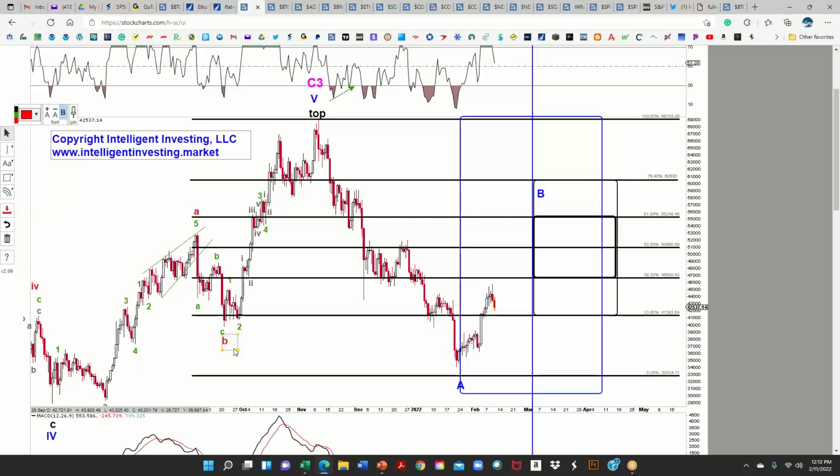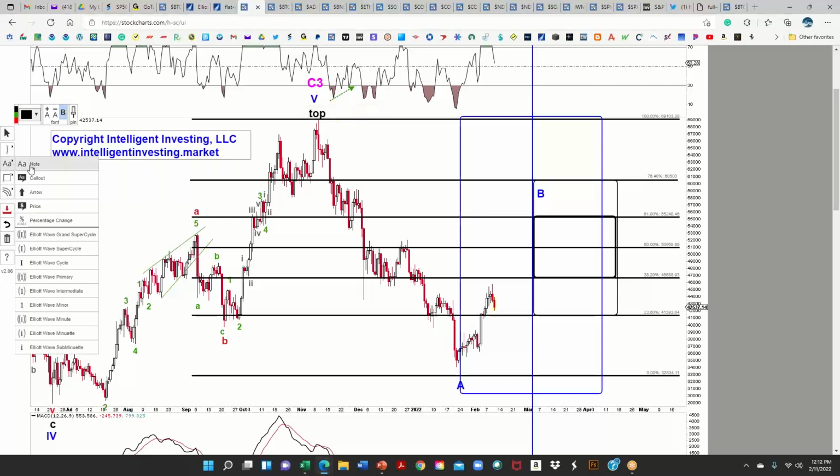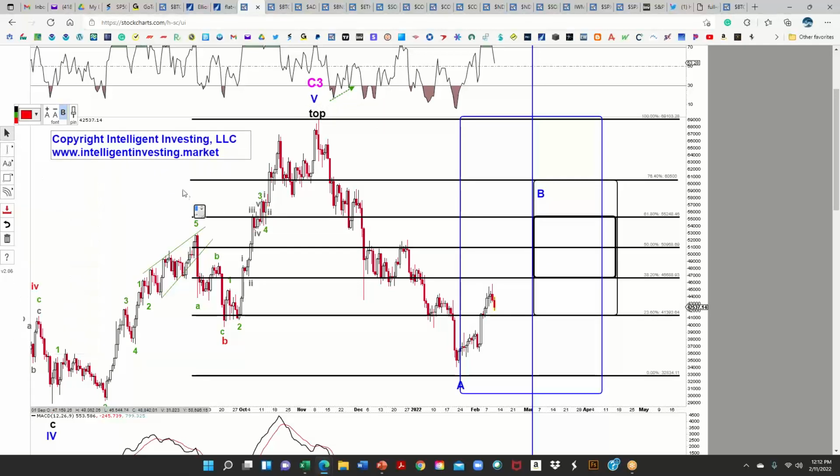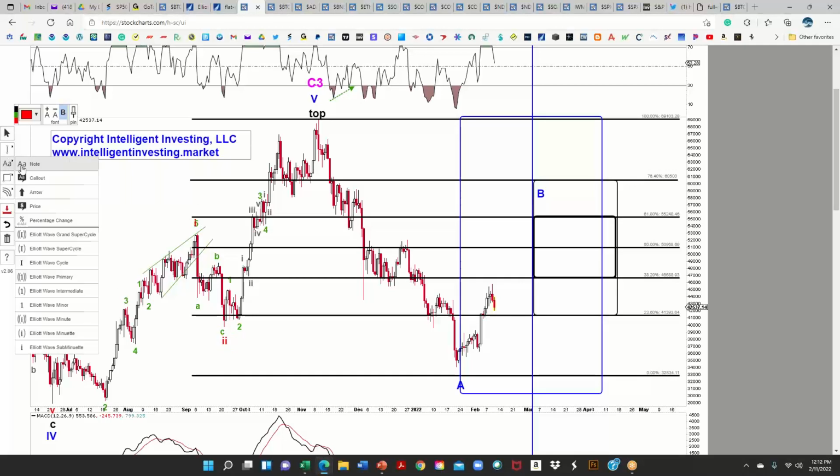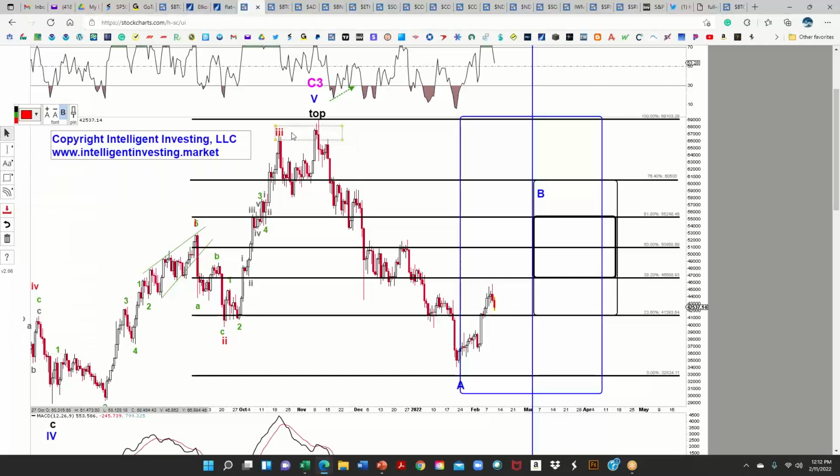Now let's assume or count the correction that we've had so far and see if we can label it nicely. This actually should be 3, by the way, something like this. Actually, I think this is 1, and this is 2, and this is, I believe, 3, and this is 4.